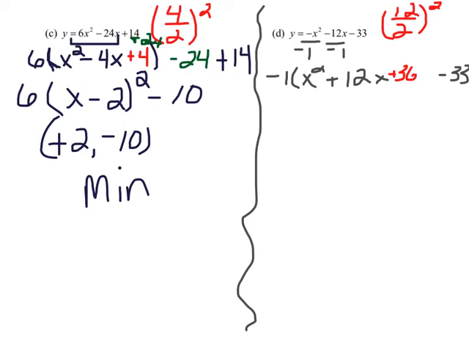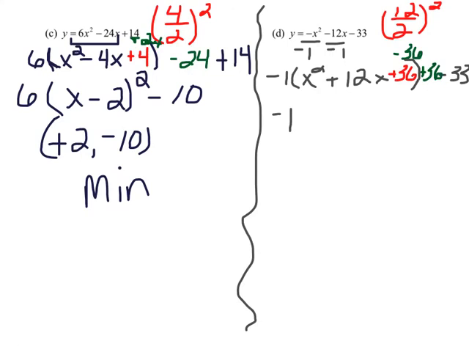But what did I really add? Negative 1 times 36, I really added a negative 36. So if I really added a negative 36, what do I have to put in there to make that a 0? A positive 36. I really like how I'm color coding this, and I'm hoping that it helps. So I'm going to go ahead and factor now.